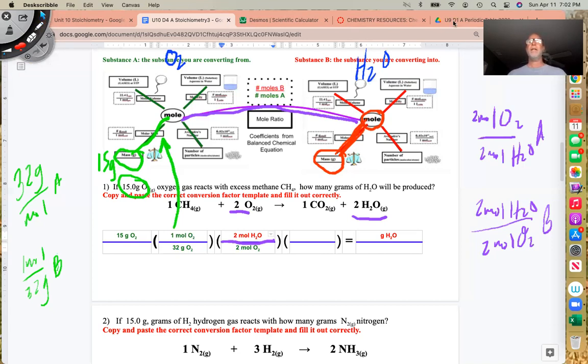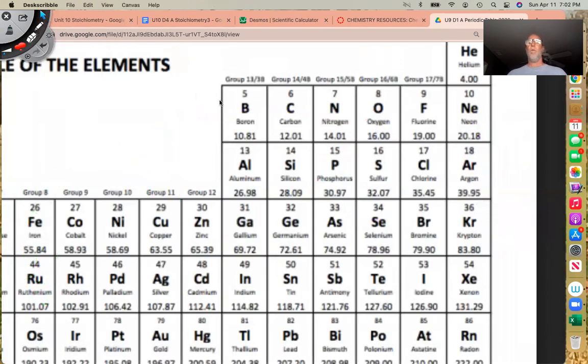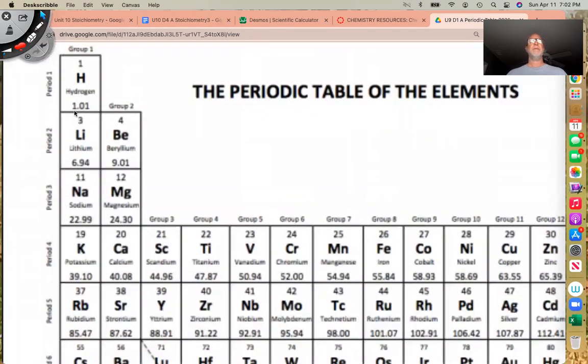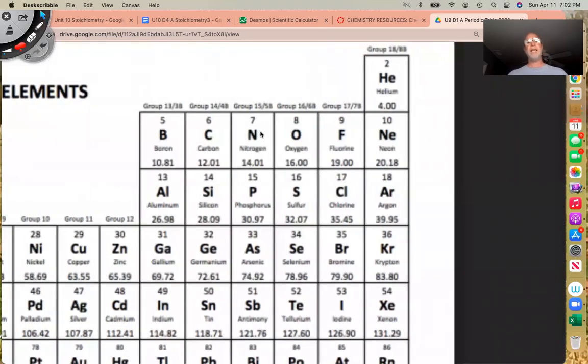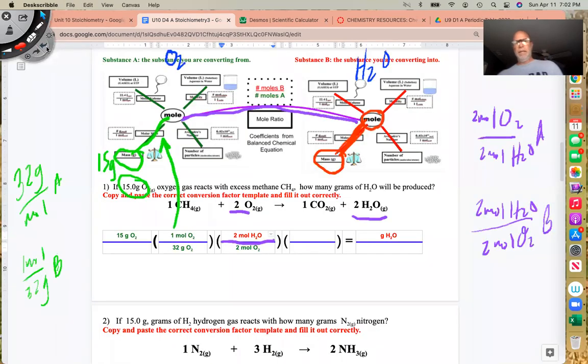So very quickly, let's go to our periodic table. Let me get rid of everything. Water is made up of oxygen and 2 hydrogens. So 1.01 plus 1.01 is 2.02, plus 16 is going to be 18.02. So the water is 18.02. Let's see if I have some space over here somewhere.